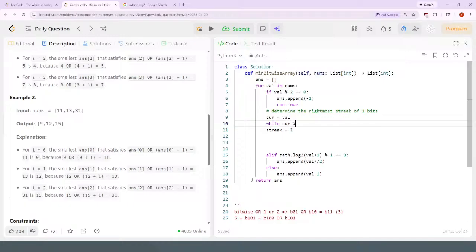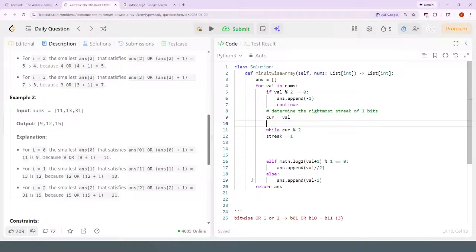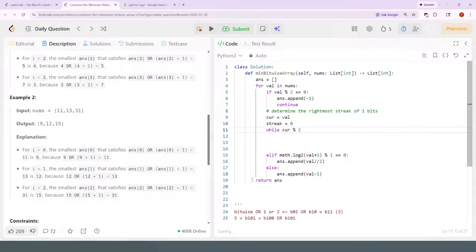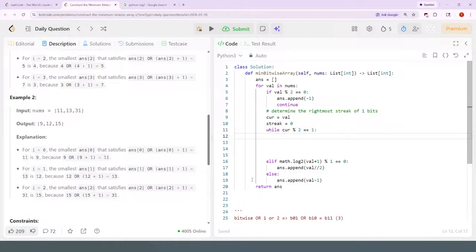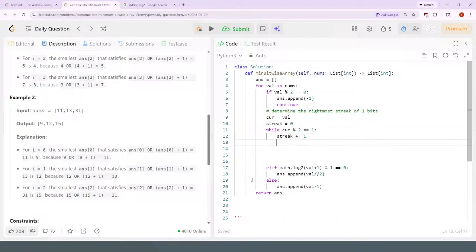While current mod 2, the remainder of that divided by 2 is 1, which means the streak on the rightmost bit is 1, then I want to do streak plus equals 1, and current divided by 2. I can do a bitwise shift, or I can just do divide equals by 2.